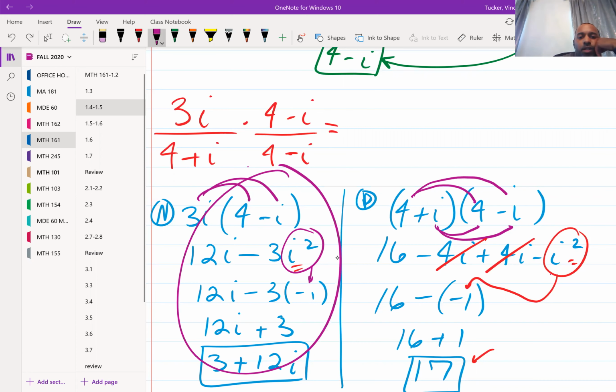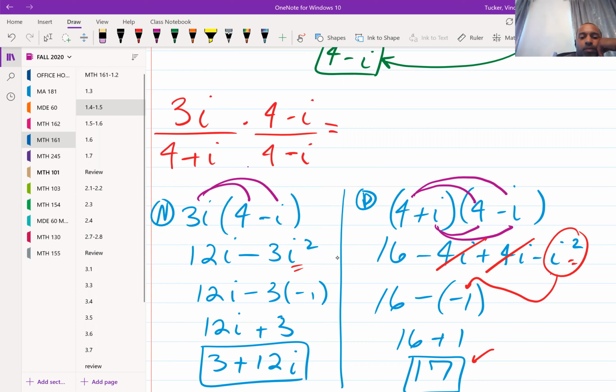Then 3i times negative i is negative 3i squared. So don't forget from last class, we mentioned that i squared would not be a part of your final answer because i squared reduces down to negative 1. And we have negative 3 times negative 1, which is positive 3.